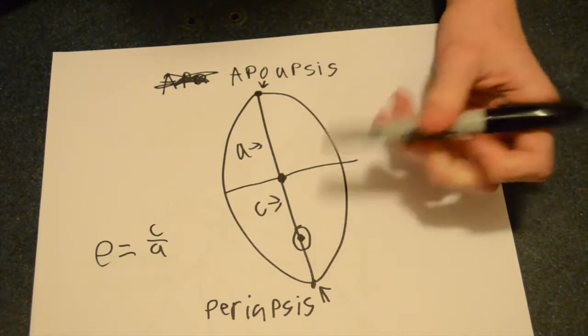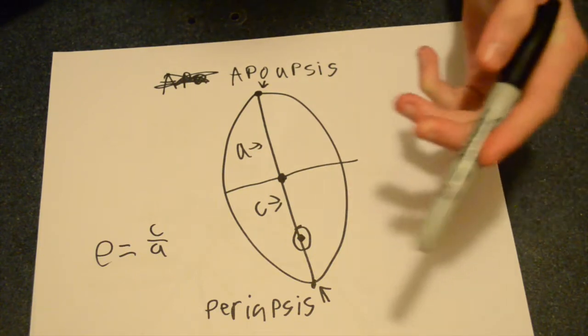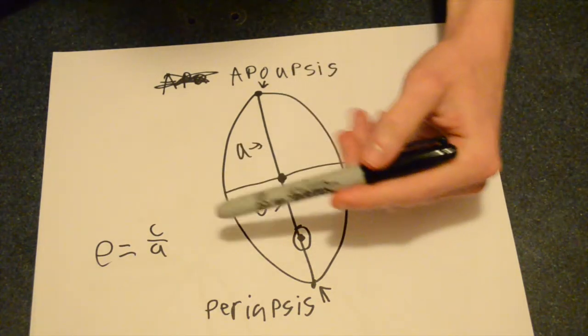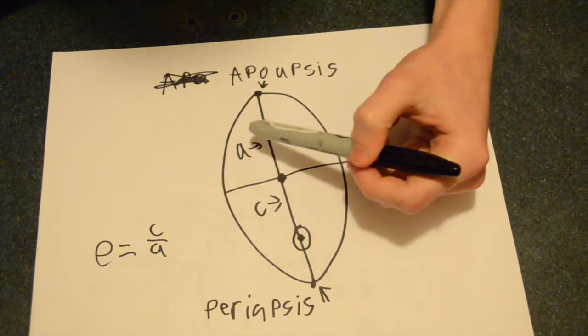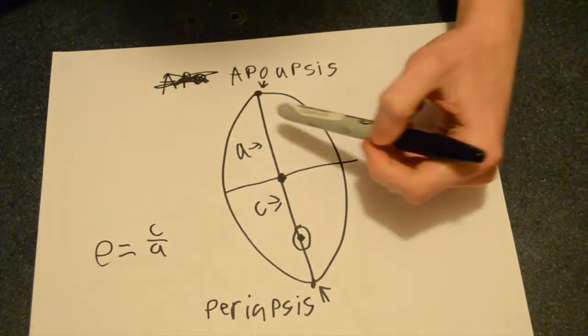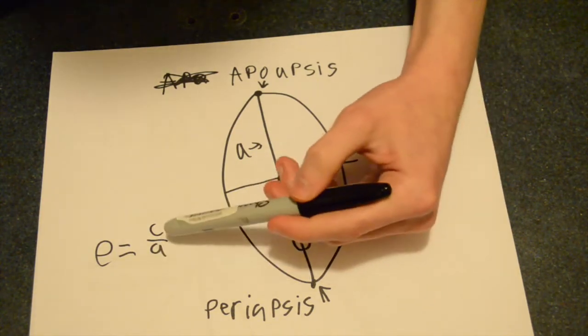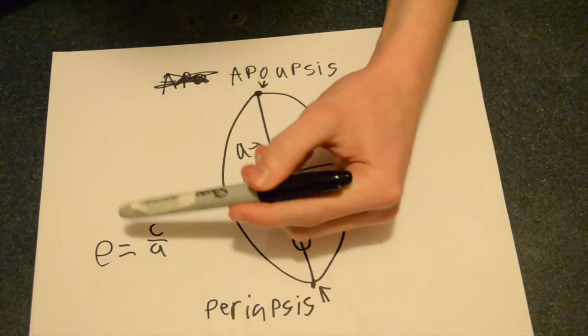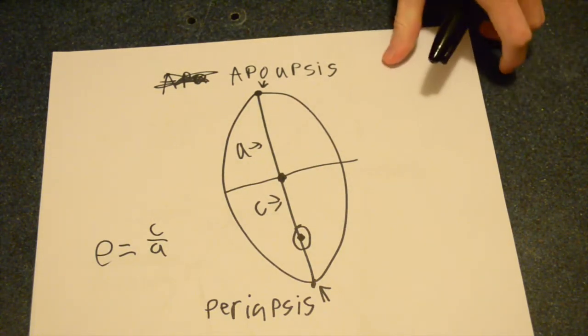That is simply the distance from one focus to the center of the ellipse, here, C. So you divide C by A, and you get E. Now that's the shape of the orbit.